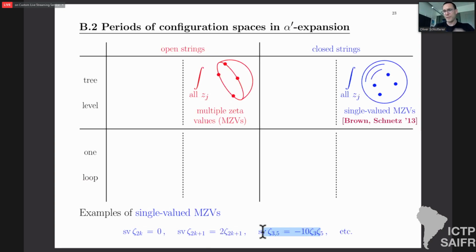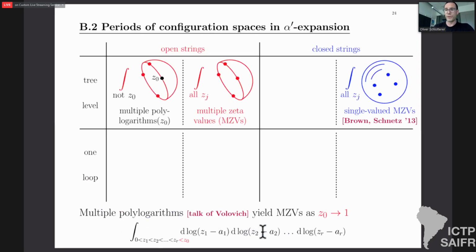This may look a little bit like black magic, and I would in fact need a motivic setup to make this even well-defined. But let's gain some physics intuition about what this single-valued map is for multi-zetas. Let's recall the prehistory that the multi-zetas come from logarithms or polylogarithms evaluated at unit argument.